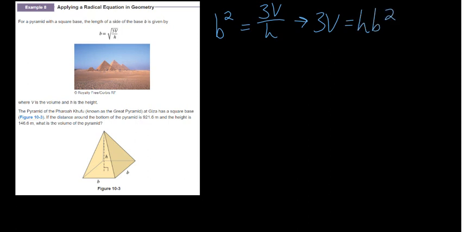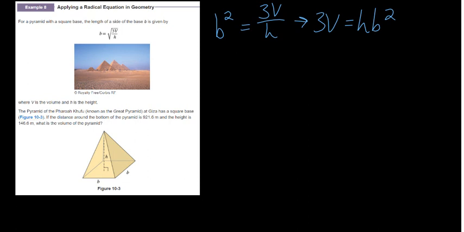So let's go ahead and take our equation. Since we want the volume, let's solve for V. If you square both sides, we'll have B squared is equal to 3V divided by h. We're going to multiply both sides by h, so we're going to have 3V is equal to hB squared.